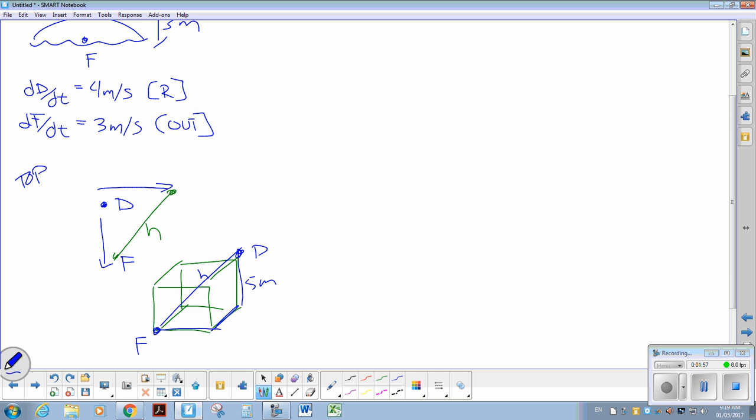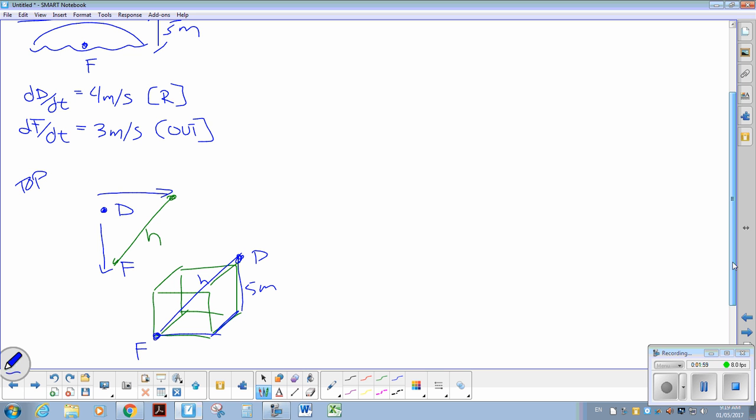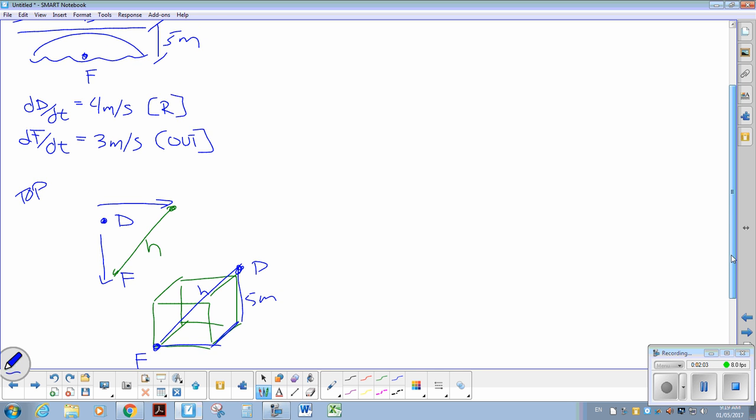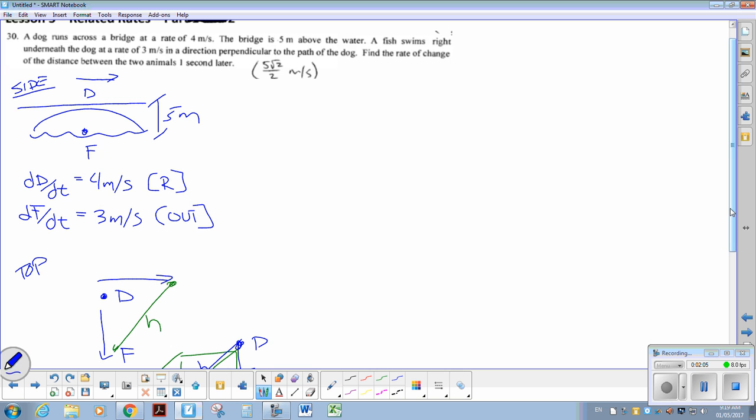Because the cube is 3D, and we're looking for the distance across the 3-dimensional shape, we're going to use our Pythagorean theorem in 3D, where h squared equals a squared plus b squared plus c squared.